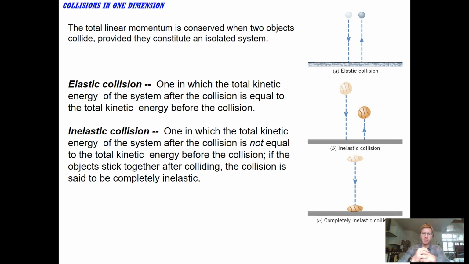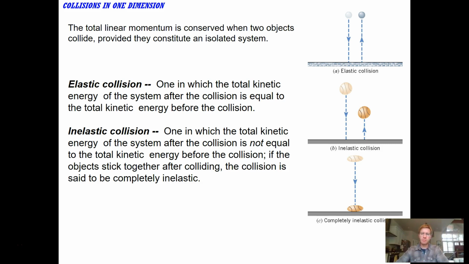Now, an inelastic collision, or a completely inelastic collision, is where kinetic energy is lost, and so it is not conserved. An example of a completely inelastic collision is if the two objects collide and stick together as a result of their collision. So that's a completely inelastic collision when they stick together.